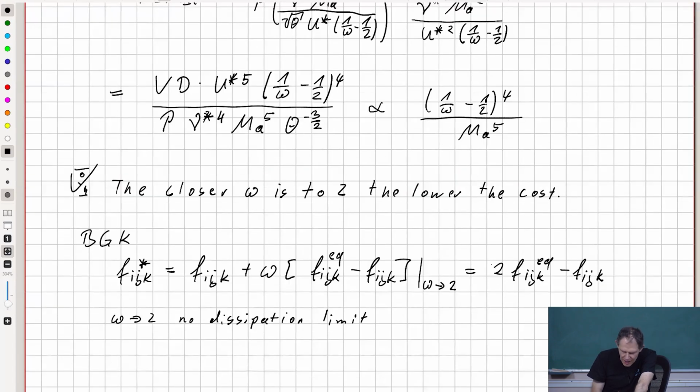And those of you who have implemented the code already and tried a few things out will see that BGK with omega larger than 0.9 is often unstable.